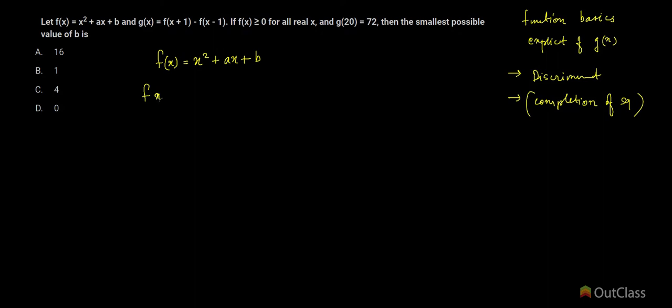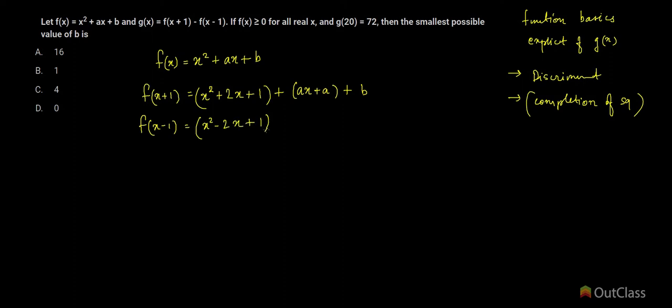This means f of x plus 1 is going to be x plus 1 whole square, which I'm going to directly expand, x plus 1 whole square plus a into x plus 1 plus b. F of x minus 1 similarly is going to be x minus 1 the whole square plus a into x minus 1 plus b.